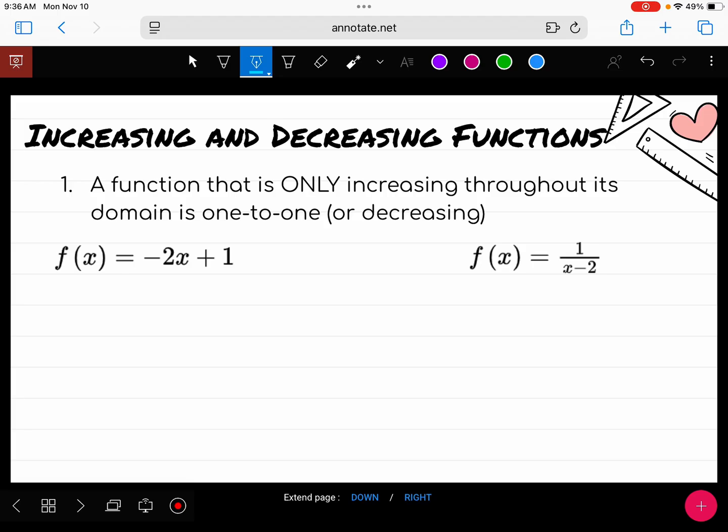So looking at a couple of equations here. We have ourselves a linear equation and we have ourselves a rational.